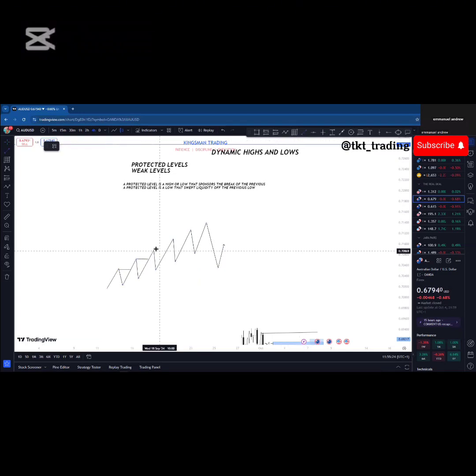These are our target levels. When taking our entries, we usually target all those points for our take profits. You understand? All these are weak highs until we get to a point whereby there is a change of character.